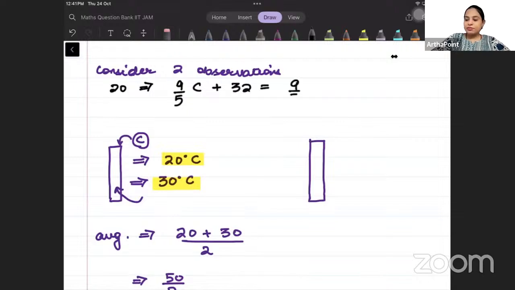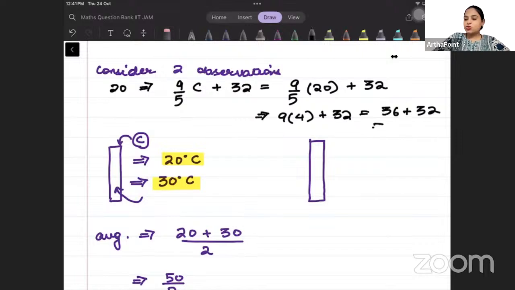So this will be 9 by 5 into 20 plus 32, which is 9 into 4 plus 32. That means 36 plus 32, which is 68. So the first observation will be 68 Fahrenheit.